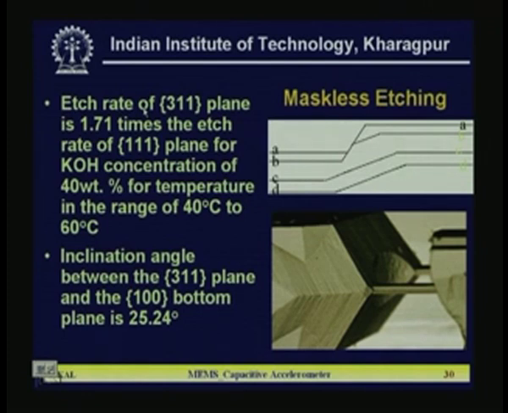You use KOH, the anisotropic etchant, which will not etch at an equal rate in all crystallographic orientations of silicon. We have found the etch rate of the 311 plane is 1.71 times the etch rate of the 111 plane for a KOH concentration of 40% to 48% at a temperature in the range of 40 degree C to 60 degree C. The inclination angle, that means the angle between the 311 plane and the 100 bottom plane, is 25.24 degree.